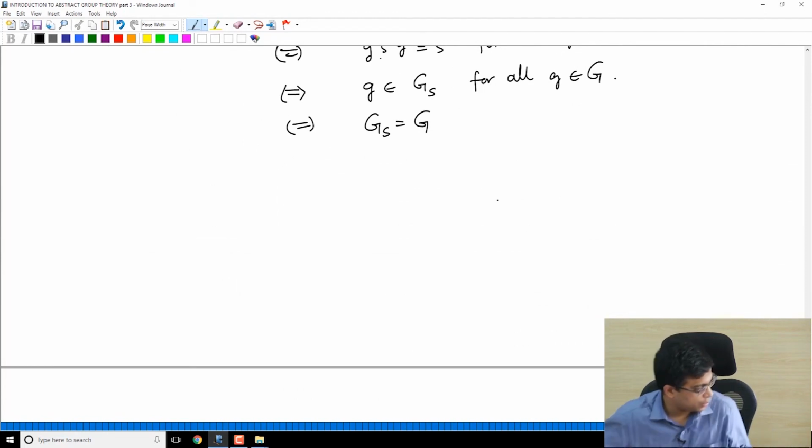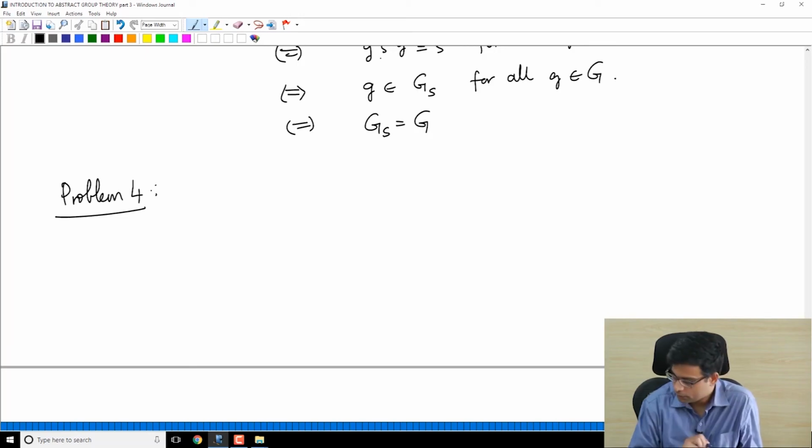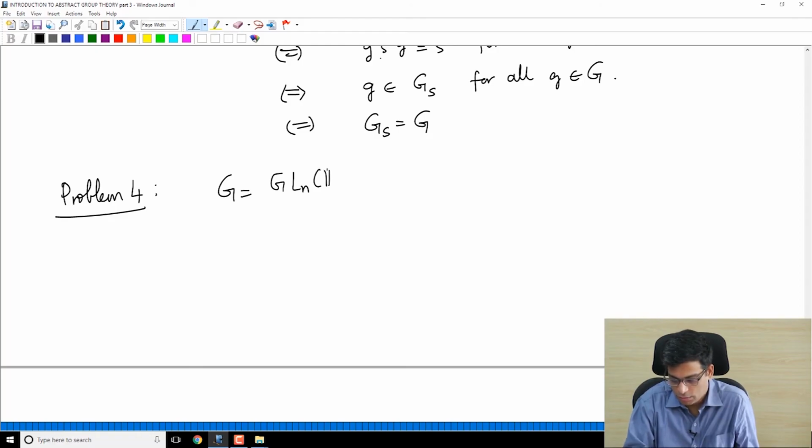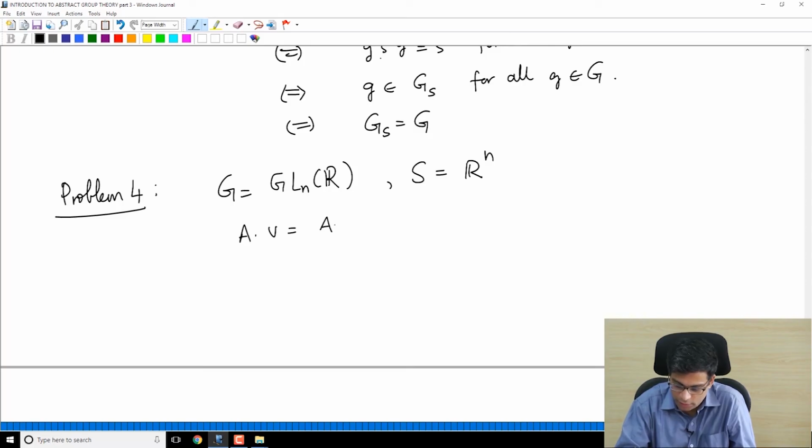Okay, so now let's look at a different action, so a different example. Let's look at problem 4. Here I am going to consider the action of the group of invertible n by n matrices on the set of column vectors. Here the action is given by A dot V is AV, where AV is matrix multiplication.